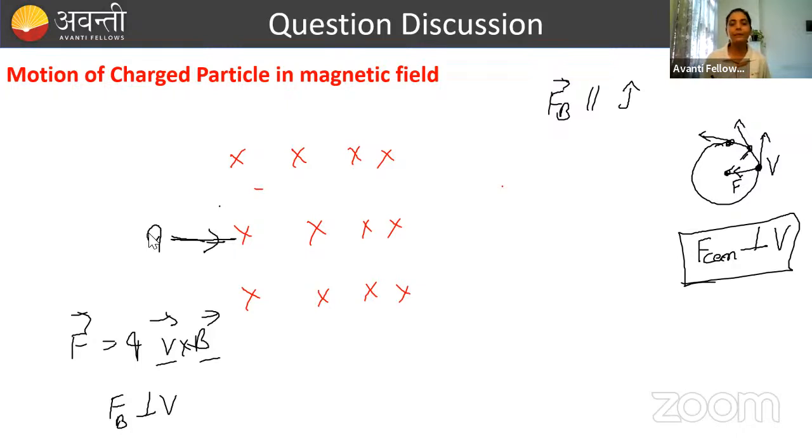Then the trajectory is clear, it will go in a circle. But the next task is, where will be the center of the circle? What will be the radius of the circle? Well, the radius you will easily calculate by equating the force to the centripetal force value, that is mv square by r. But how to draw the center of the circle, that is the most important thing I assume.